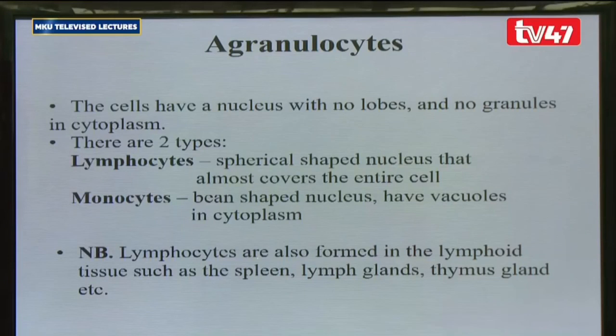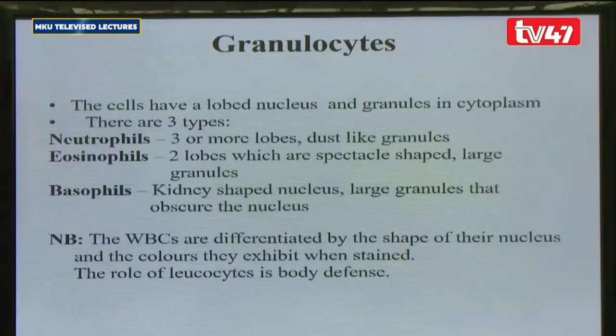The other category of white blood cells is the granulocytes. These are blood cells that have a nucleus with lobes in it, so we say they have a lobed nucleus, and they have granules in the cytoplasm. There are three types of granulocytes: the neutrophils, the eosinophils, and the basophils.